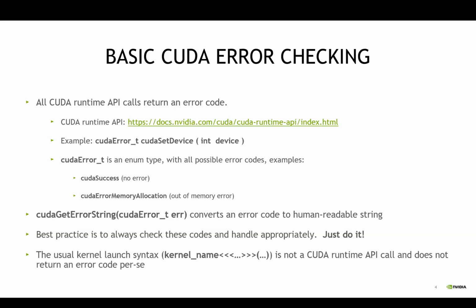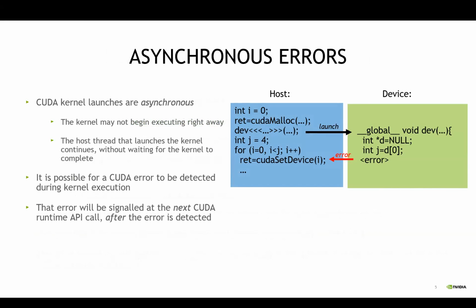So that doesn't return an error code. And we know that kernels, by definition, anything decorated with the __global__ keyword, return a void type. So we're not going to get an error simply by trying to capture the return code of this. That's not the right way to do it. So we need to talk about kernel error checking and how we should do it.